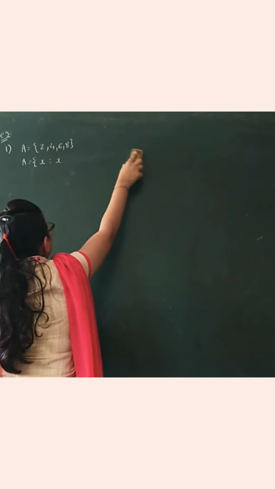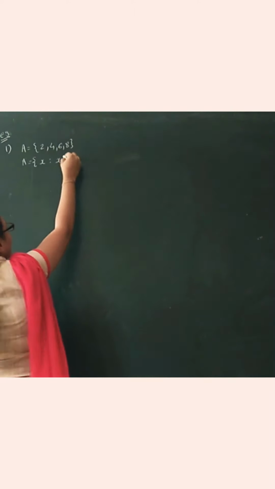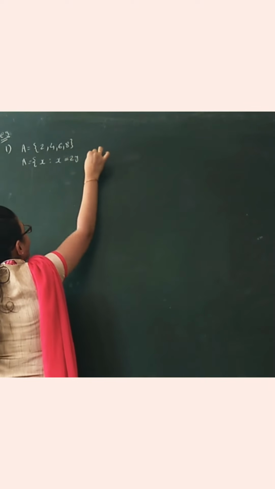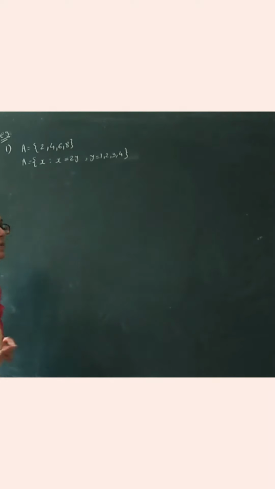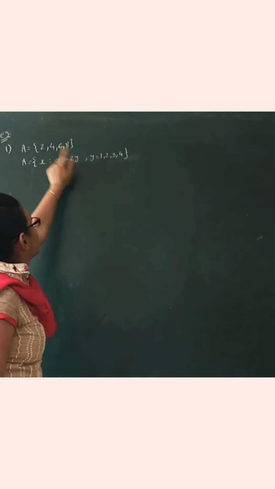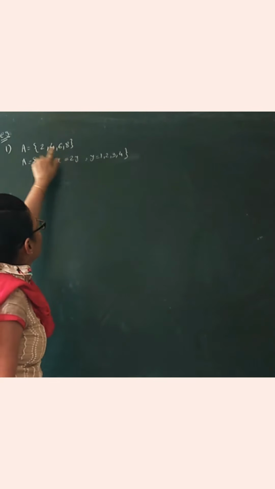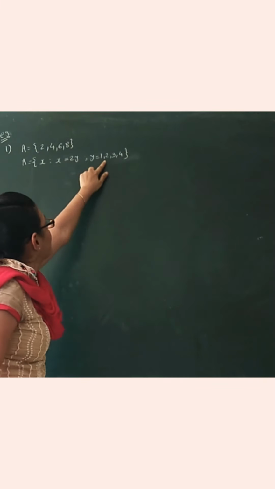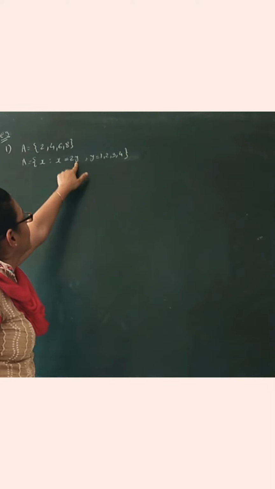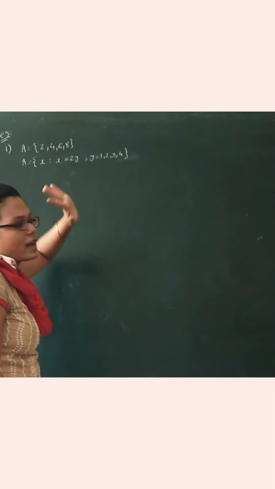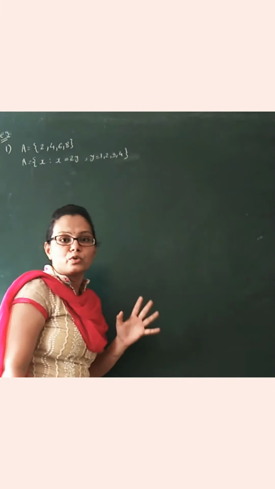Okay, I am writing it like this. x is a multiple of 2, so therefore x is equal to 2y, simply where y is equal to 1, 2, 3, 4. What I am writing is y is equal to 1. If I am putting y equal to 1, I will get 2. If I am putting y equal to 2 here, 2 into 2, that is 4. 3 2s are 6 and 4 2s are 8. So my answer is x is equal to 2y, where y is equal to 1, 2, 3, 4.